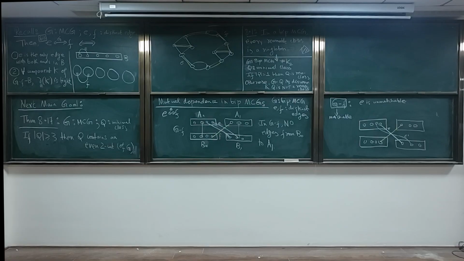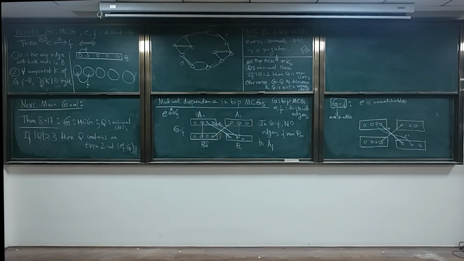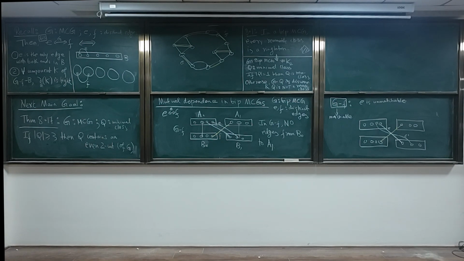It will have to contain F and it will not contain E by counting. You all agree? So therefore, in a bipartite graph, mutual dependence looks exactly like this. It's an even two cut.